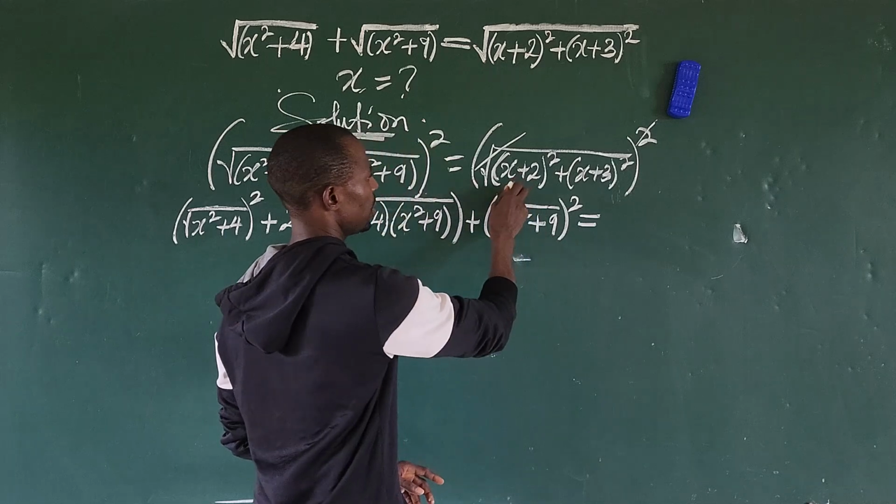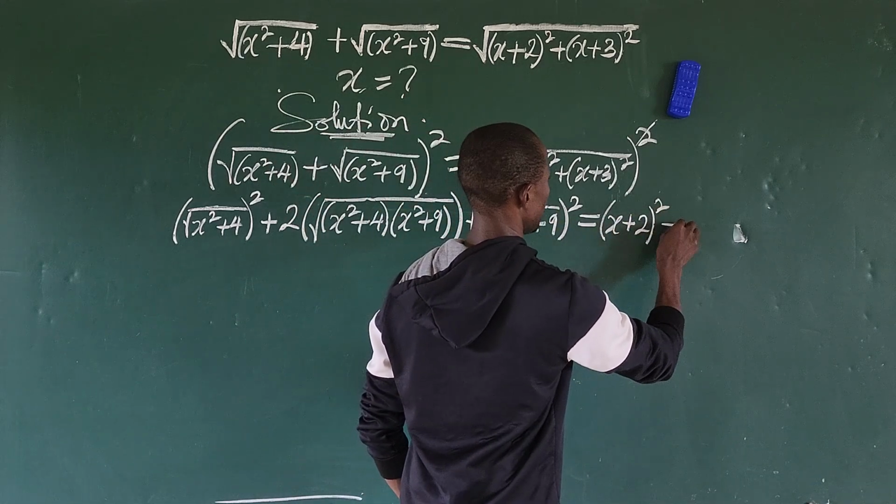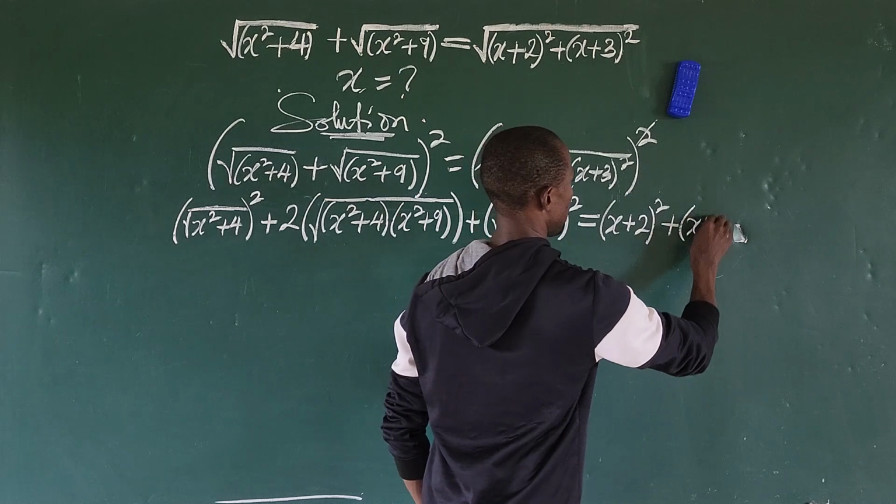Everything equal to (x + 2) squared plus (x + 3) squared.